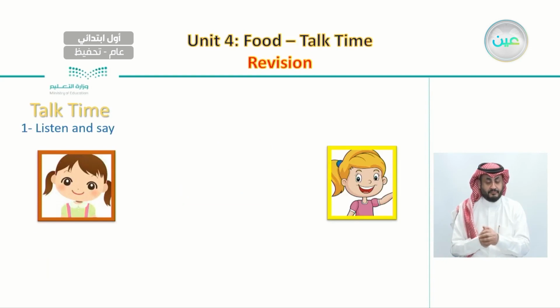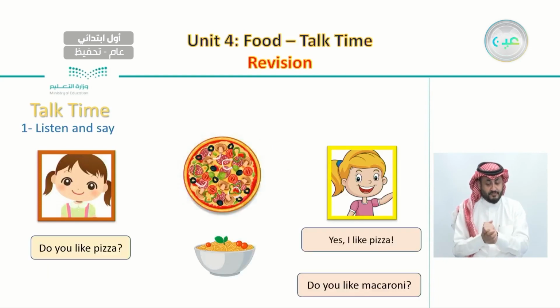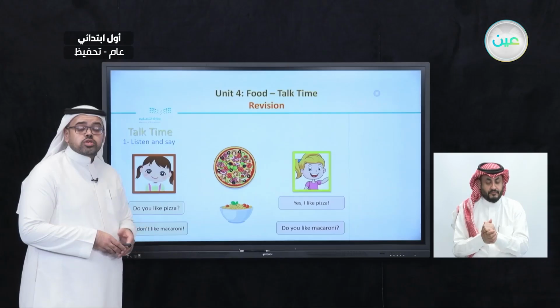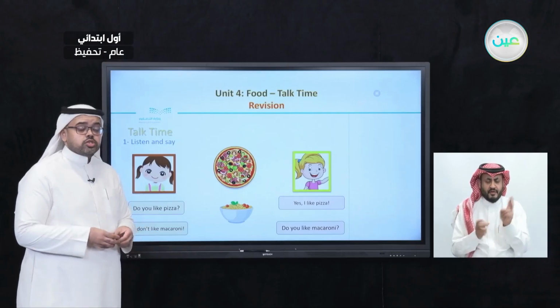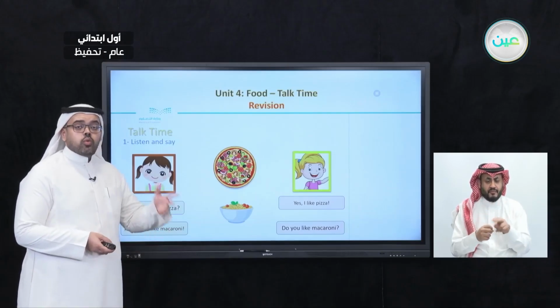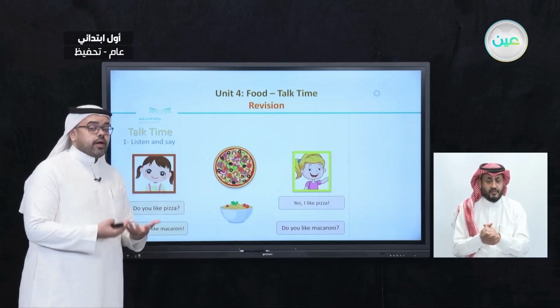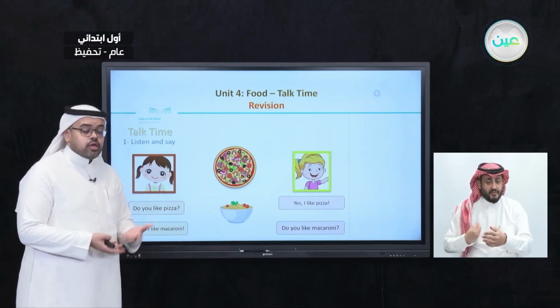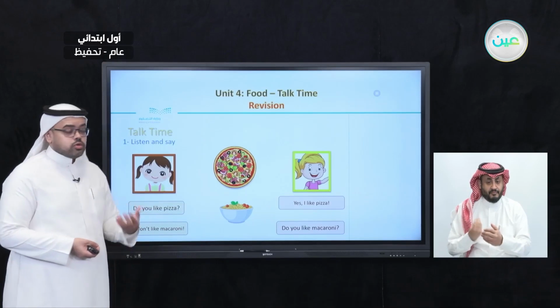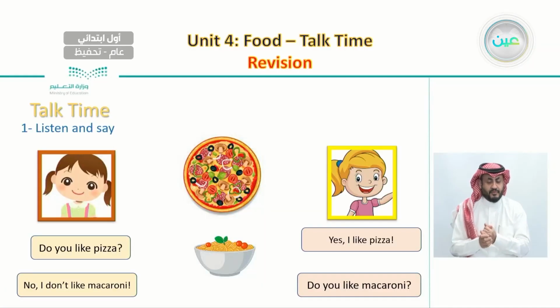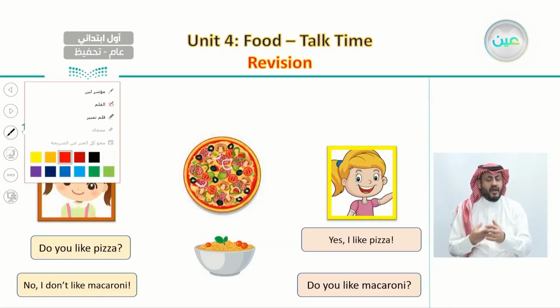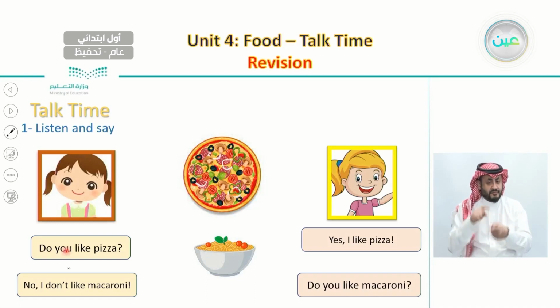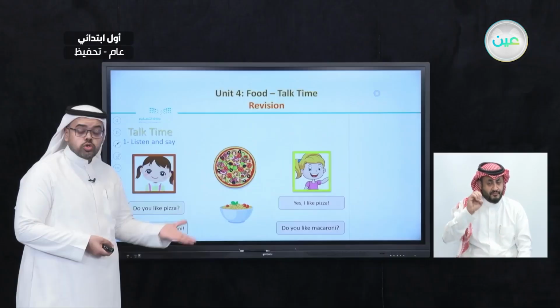The first thing we did with this unit is that we listened to a conversation between two friends, where each one of them talks about the food that they like. We said that if you want to know someone's favorite food, you can start your question with, do you like?